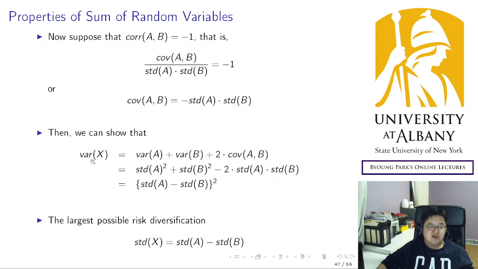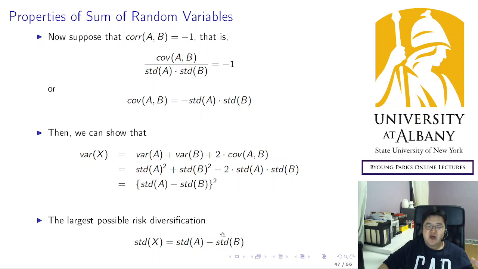Therefore, the standard deviation of X equals the standard deviation of A minus the standard deviation of B, which is the largest possible risk diversification. Of course, because this is the perfect negative correlation, which is the ideal correlation for risk diversification. And the minimum possible standard deviation you can achieve from a pair of assets is this.